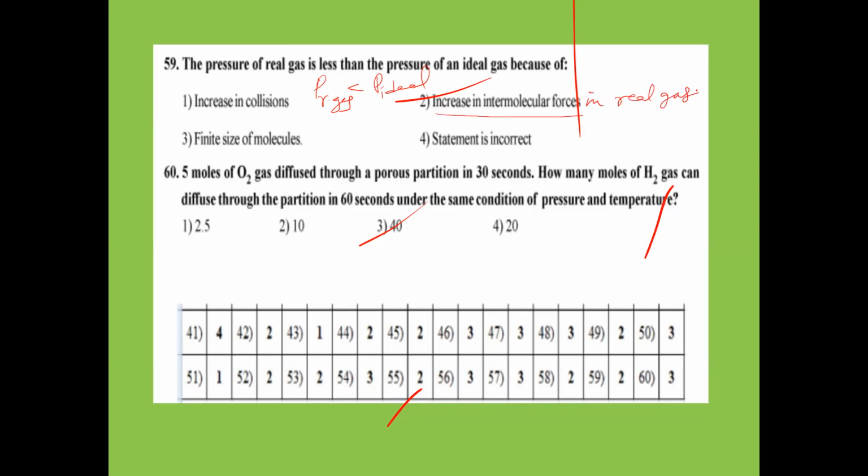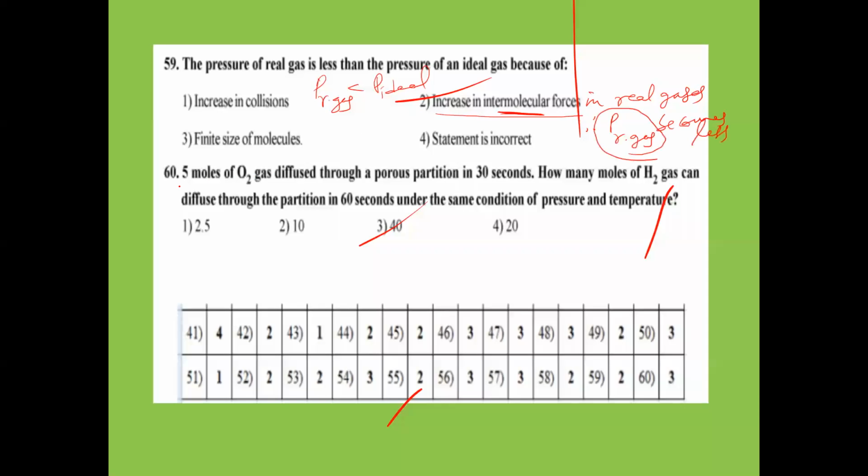In real gases, the intermolecular forces are more, and that's why the pressure becomes less. Because in a real gas there are increased intermolecular attractions, but in an ideal gas there are no intermolecular attractions.